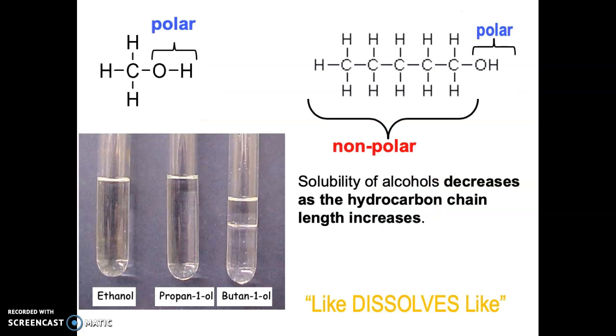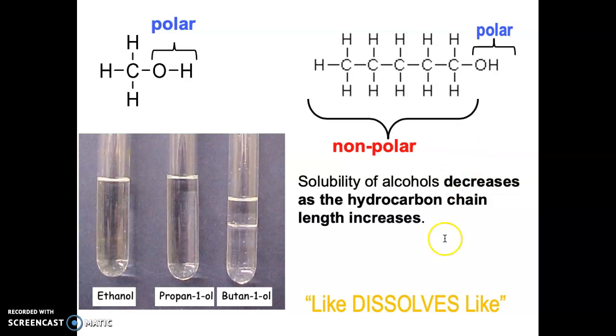Now, the problem that happens is while the OH group is polar and can mix with water, the carbon-hydrogen groups or atoms here, which I've referred to in a previous slide as the alkyl group, this is non-polar, and non-polar cannot mix with water, which is polar.